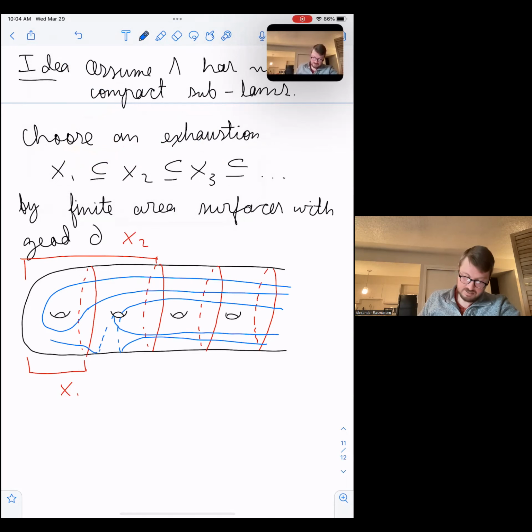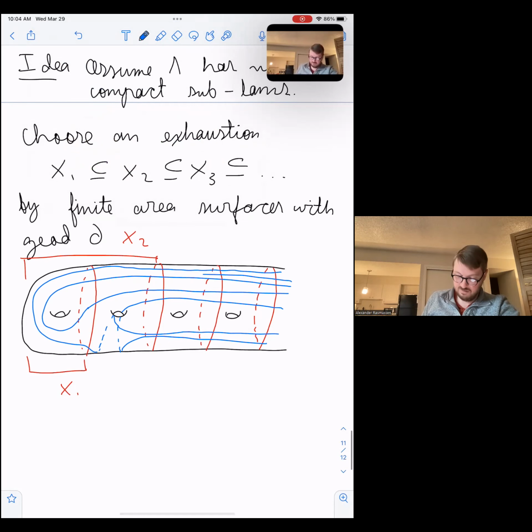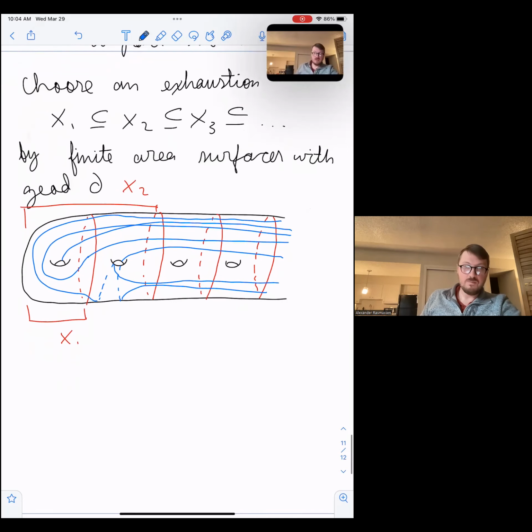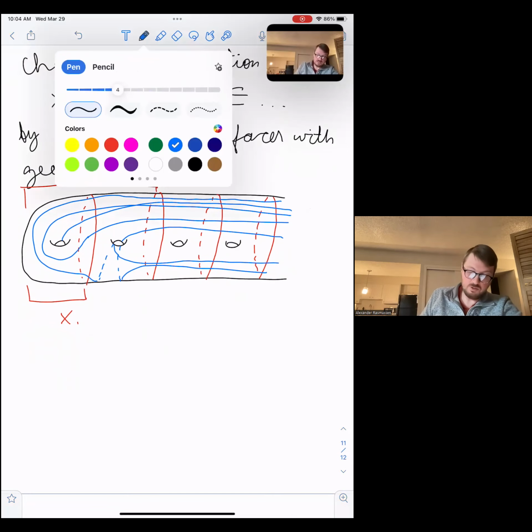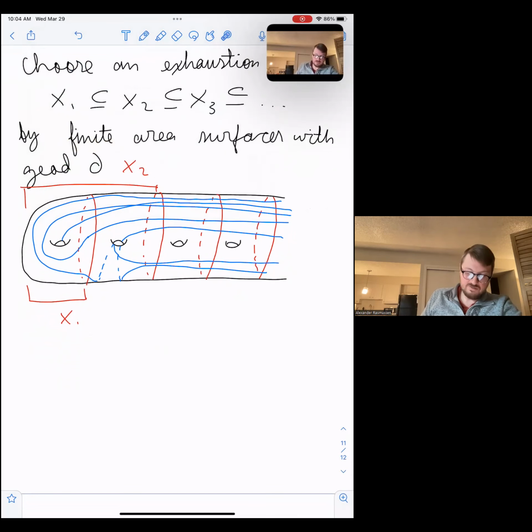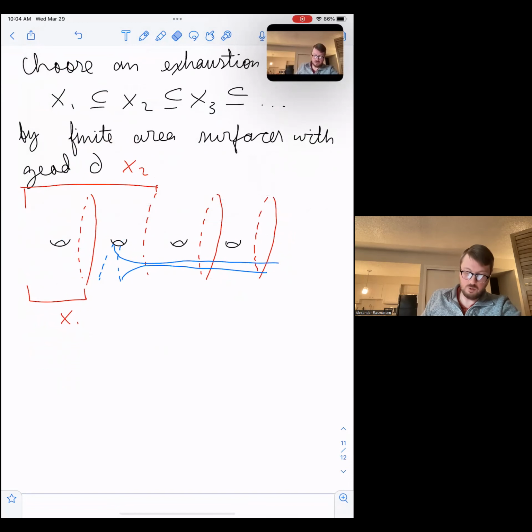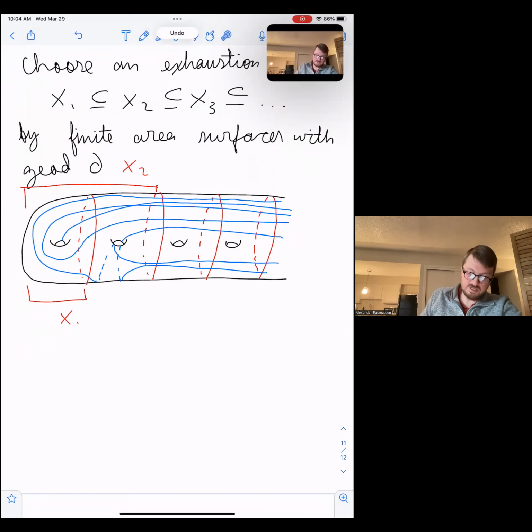Probably it has infinitely many leaves. They interact in some kind of complicated way, whatever. But what we want to do is ignore most of the surface and just study the intersection of the lamination with one of these pieces in our exhaustion.